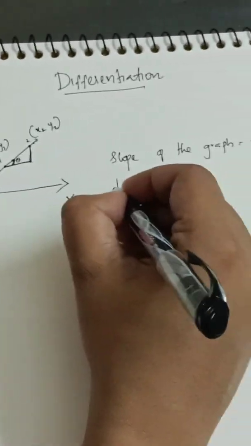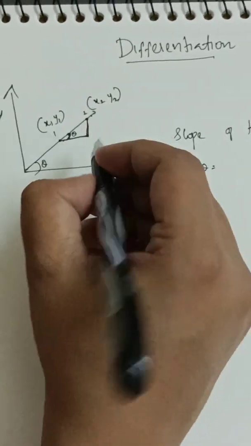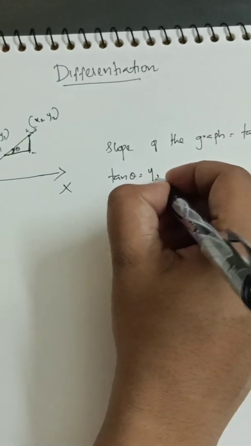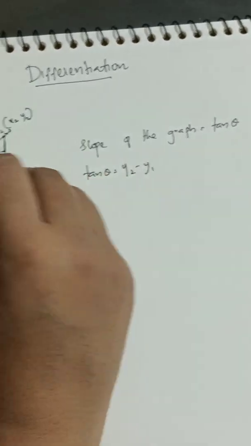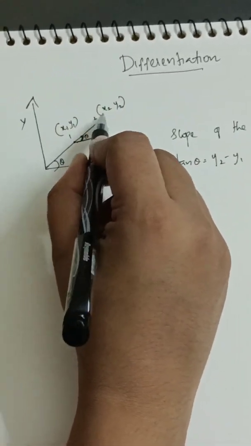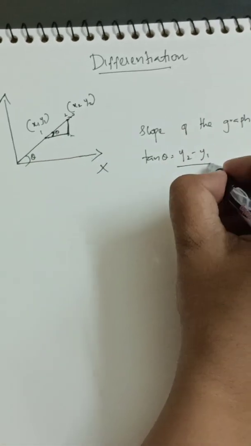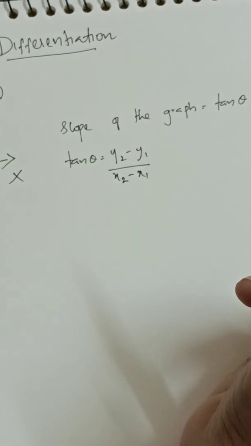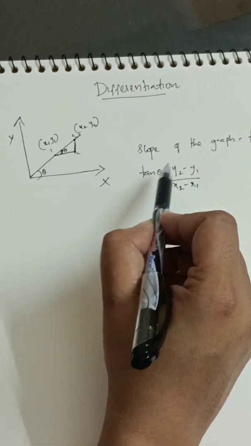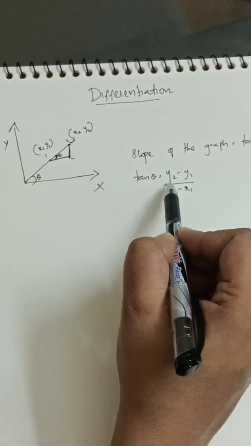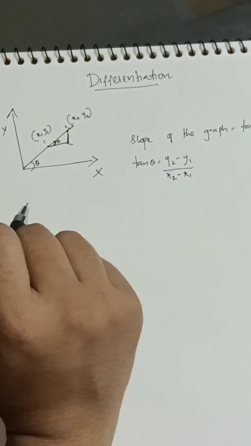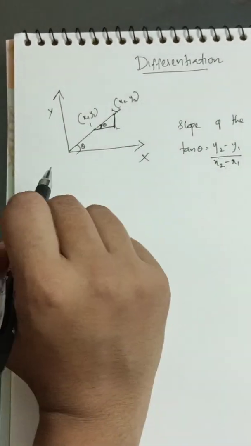That means tan theta equals y2 minus y1 divided by x2 minus x1. You might have studied in lower classes, slope is tan theta, which is y2 minus y1 by x2 minus x1. That is the case of a straight line.